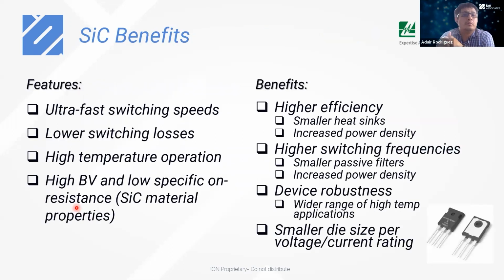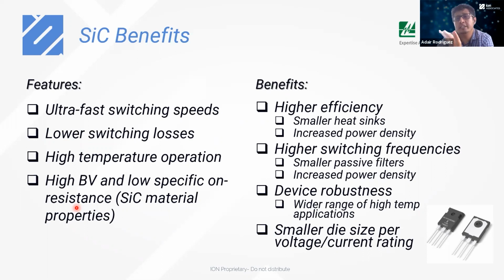We can find many benefits of silicon carbide technology: higher switching frequency, lower switching losses. We can work at higher temperatures. The efficiency, of course, the size, the lack of heat sinks, for example.